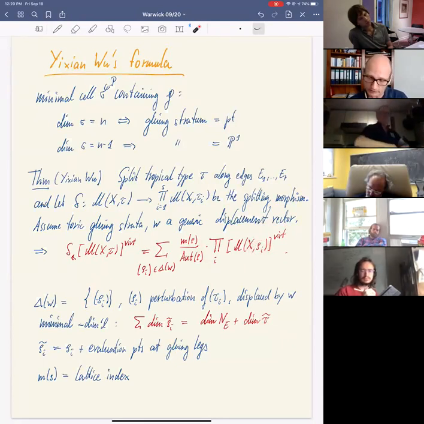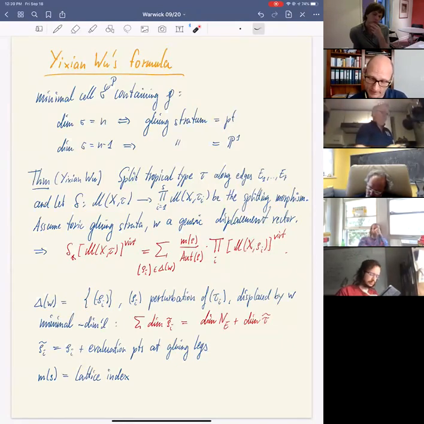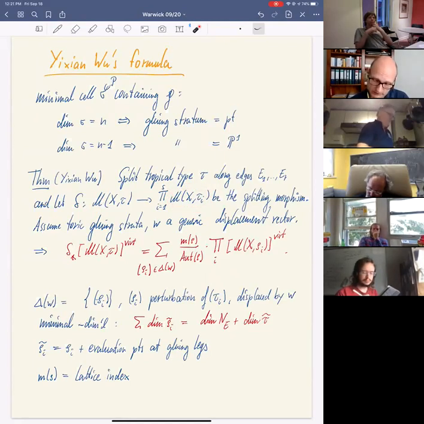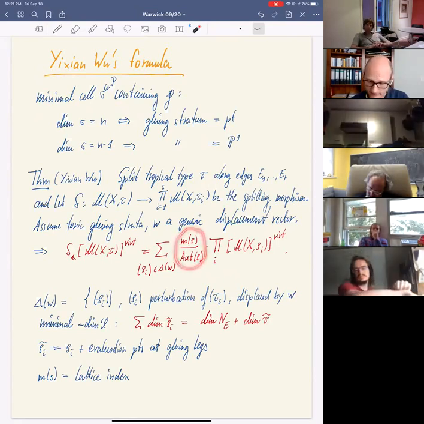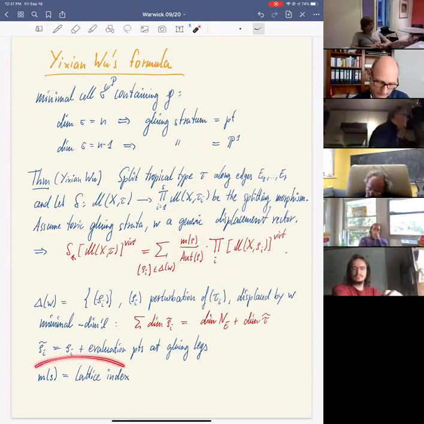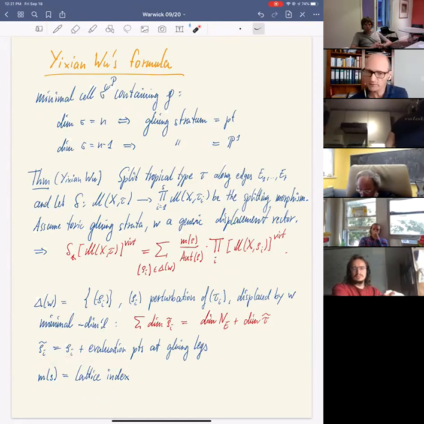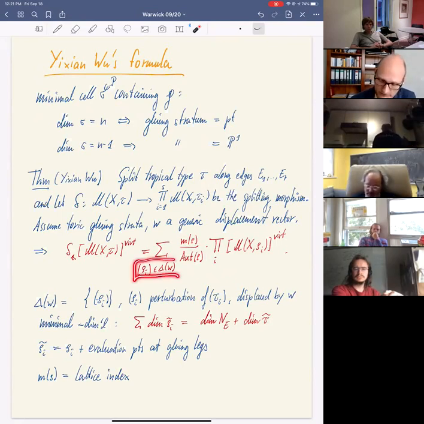And these are certain substrata in this M of X tau i that I'll tell you about in a minute. And then there's a coefficient that has to do with the lattice index. I'm not going to explain this. You can imagine something you write down tropically. It involves lattices. You compute the index, and you divide it by the automorphism group. So the key thing to understand is really, what do we sum over?